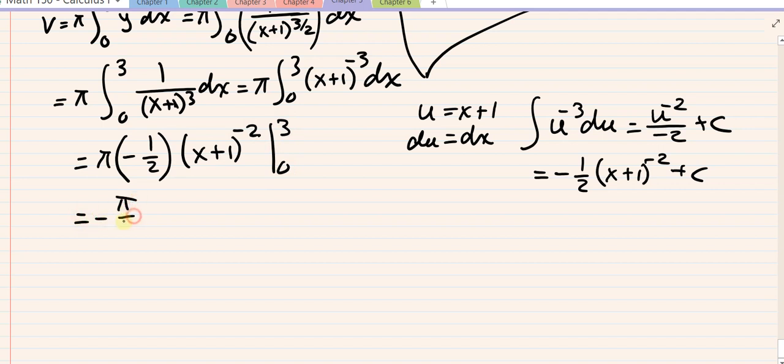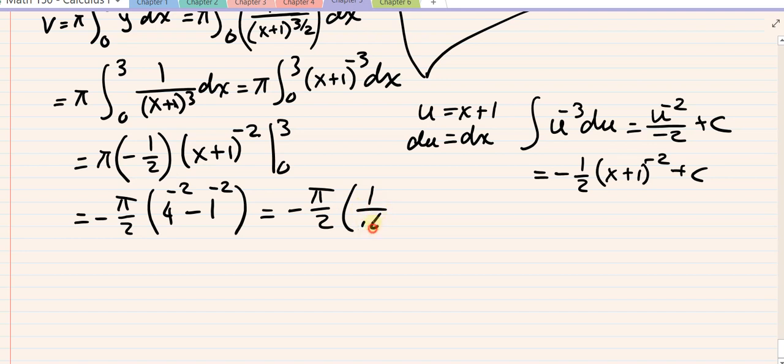That's negative pi over 2. The upper limit, 3, makes this 4 to negative 2. The lower limit, 0, makes it 1 to negative 2. Now 4 to negative 2, that's going to be what, 1/16 minus 1, which is negative 15/16.